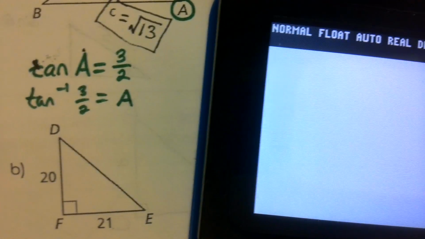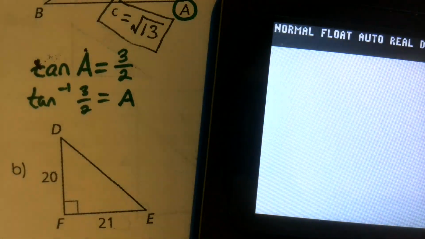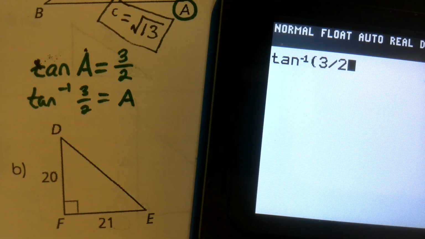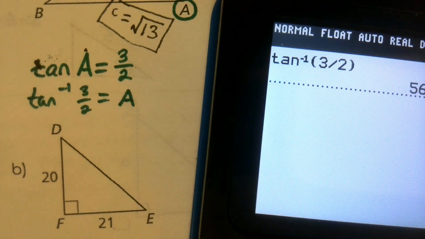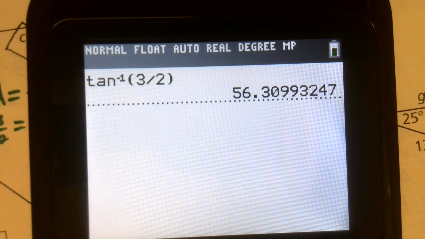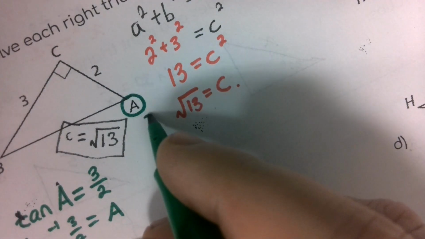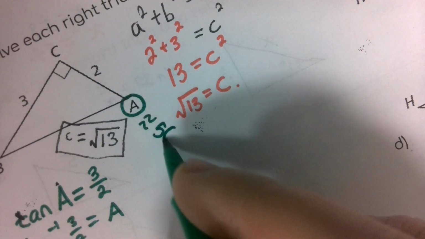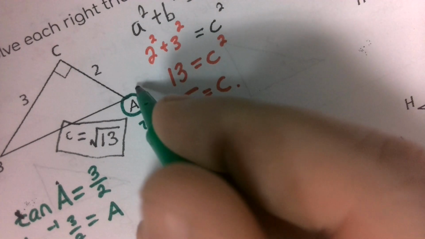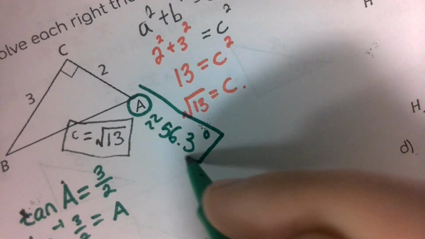So, we take the inverse tangent of 3 over 2, and we get that angle A is about 56.3 degrees. Nice.